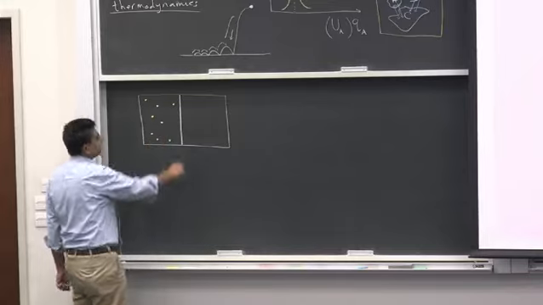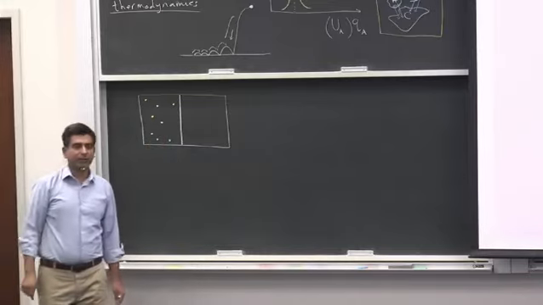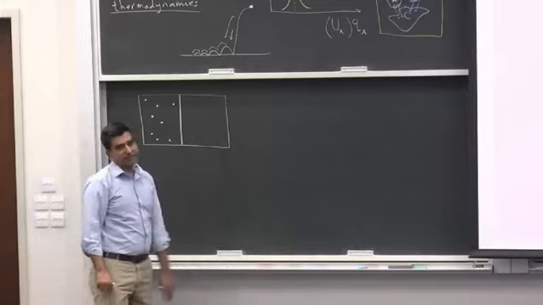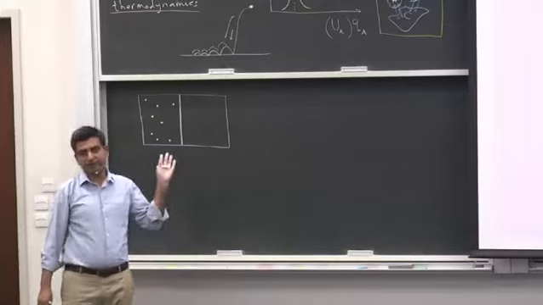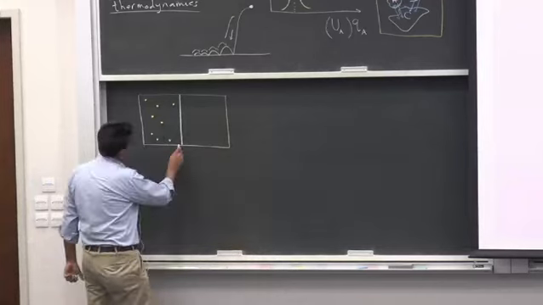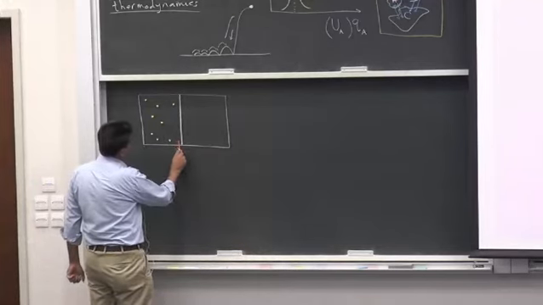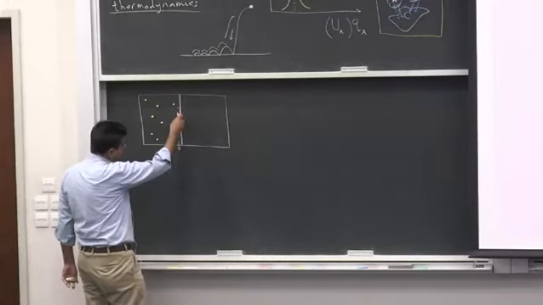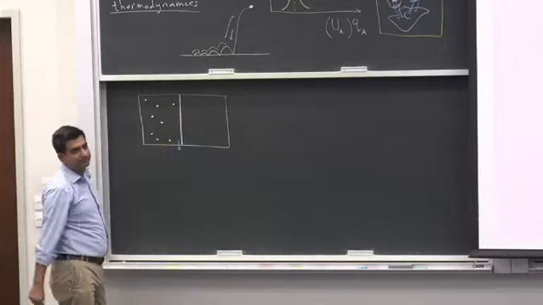They are only inside this compartment, okay? And this compartment is devoid of these molecules. So what I slowly do is I take this wall and slowly take the wall out of the container. I just slowly take it out.